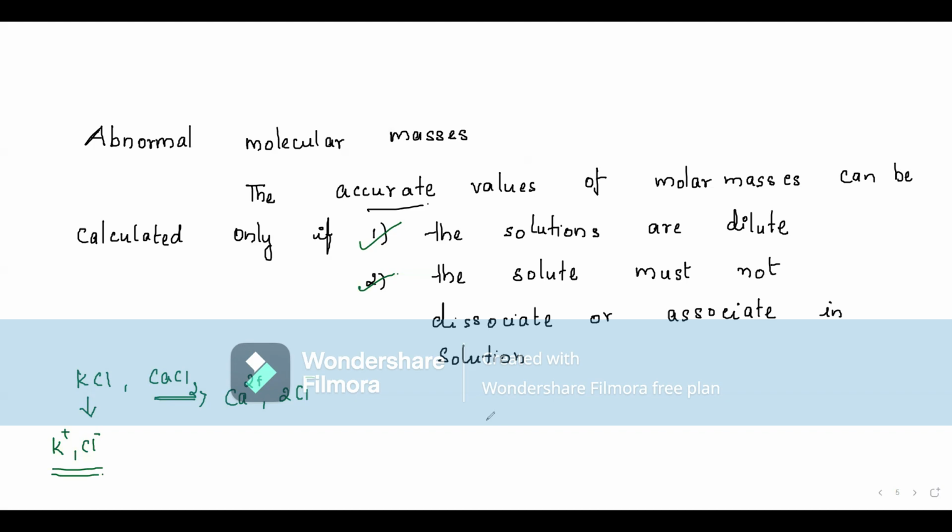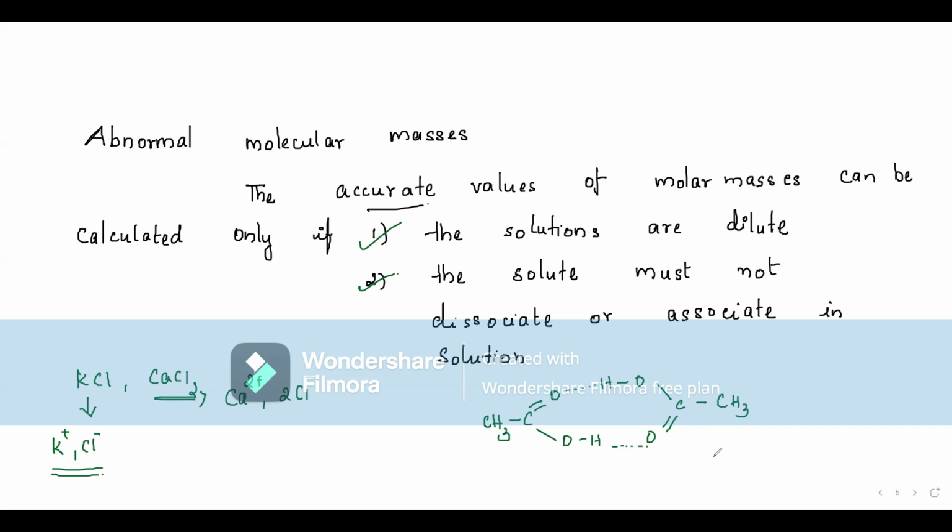Similarly, if we take an acid like acetic acid, CH3COOH, what takes place is association. Two acid molecules connect together, join together, and exist as one entity.